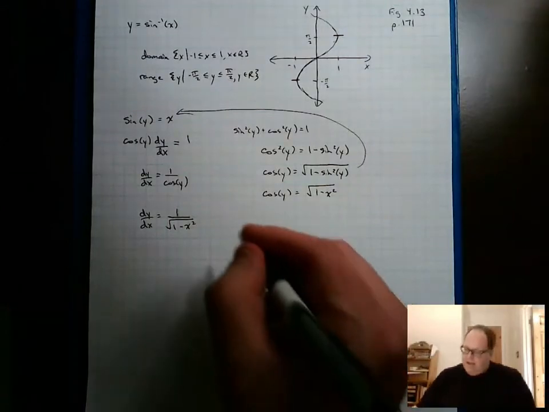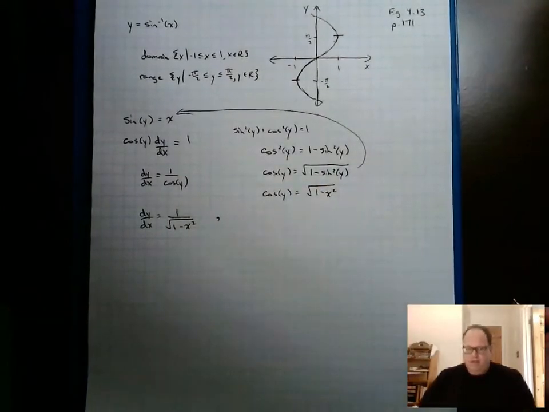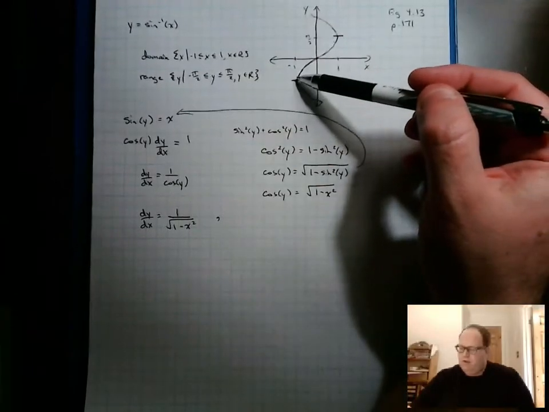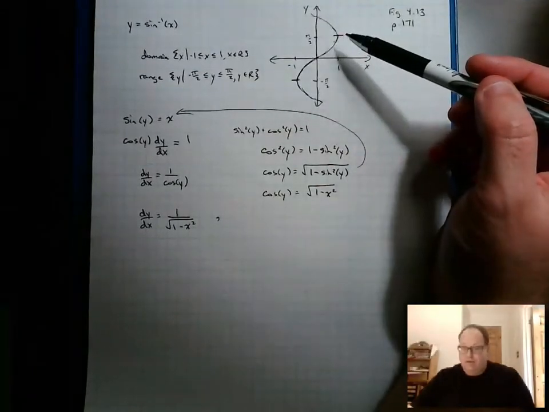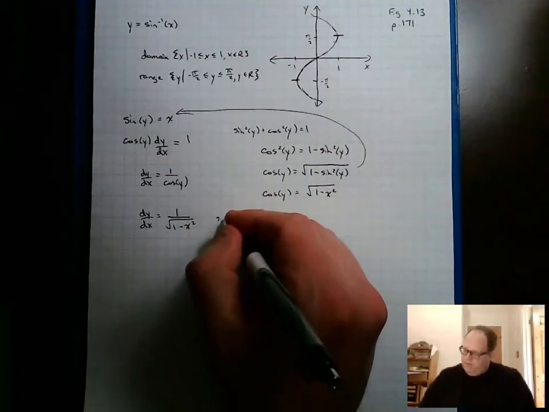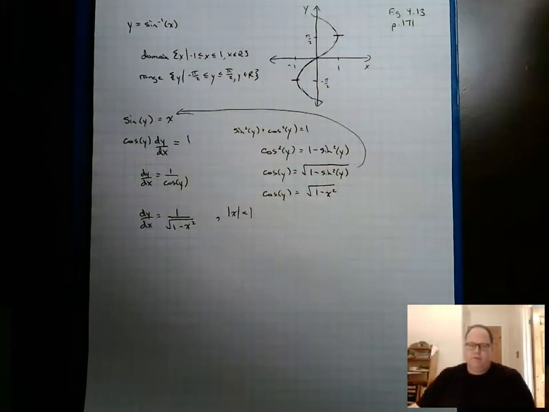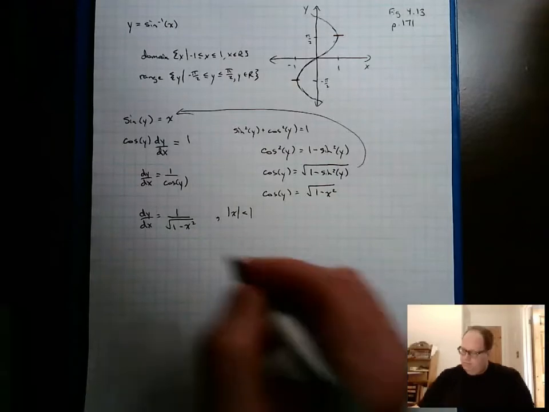With that, I have to restrict x a little bit more than I did in my domain statement above, because obviously in this case x can't be equal to plus or minus 1. And if you see on the graph, those are places where you would have a vertical tangent. So my derivative is restricted to, and your textbook writes it out this way, absolute value of x has to be less than 1. That keeps my x values between negative 1 and 1, non-inclusive.